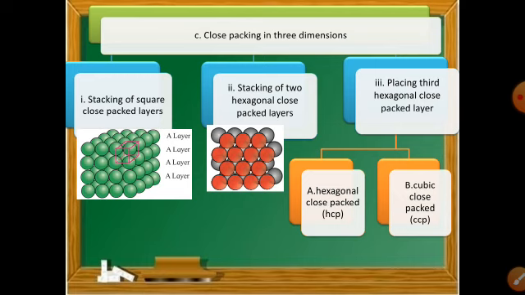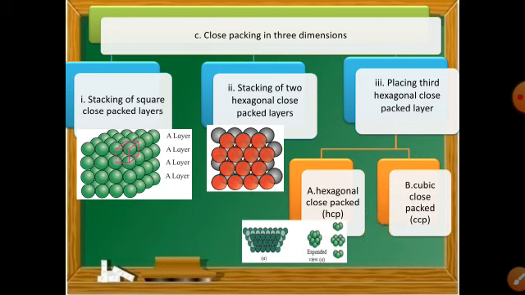Okay, next we'll see the hexagonal close pack in 3 dimensions. Here the first layer is A, the second layer is B, and the third layer is again A type, means there is alignment between the first layer spheres and the third layer spheres. In the same way, if you keep a fourth layer, then the second layer and the fourth layer spheres will have the same alignment.